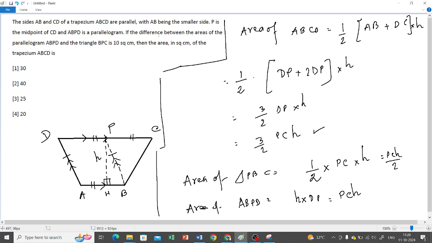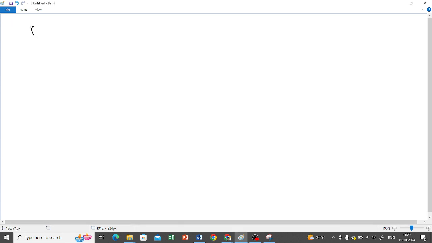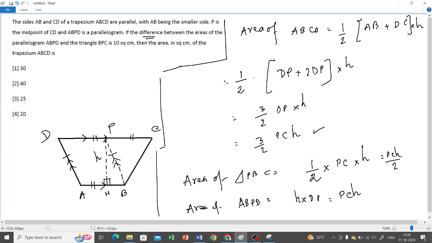Now we have everything. Now we can apply this information. If the difference between the areas of the parallelogram ABPD and triangle BPC is 10, so ABPD is PCH and BPC is PCH by 2.